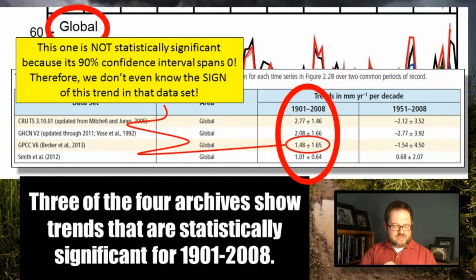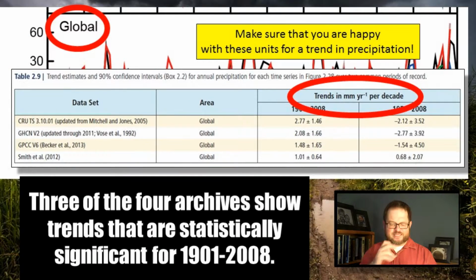So we don't even know necessarily the sign of the trend in the Becker et al. data set. But 3 of the 4 archives are certainly showing some positive trend that is statistically significant for that time period here.